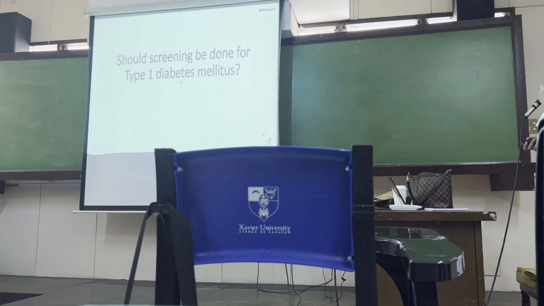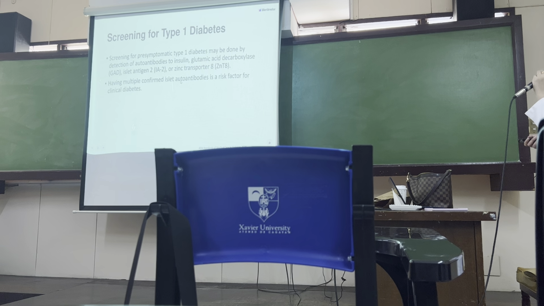Now, let's proceed to screening, no? Do we screen patients with type 1 and type 2 DM? Now, for type 1 DM, since we mentioned it is an autoimmune disease, we only screen in patients with very high index of suspicion, especially in terms of genetics or family history.